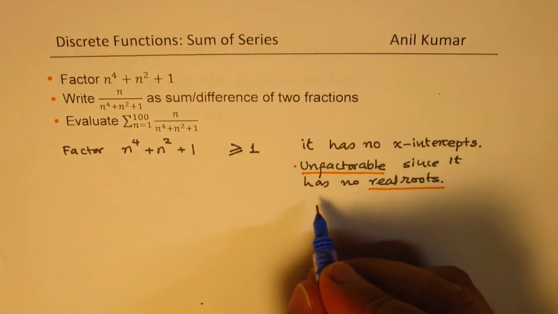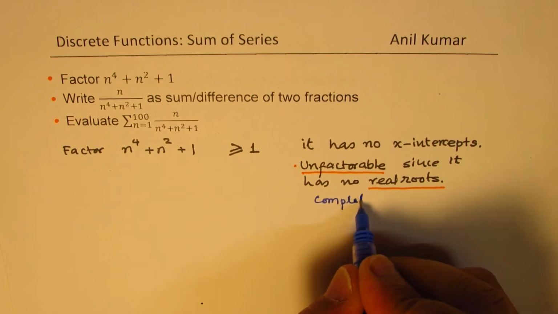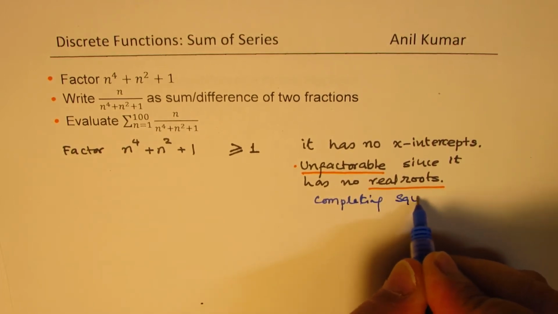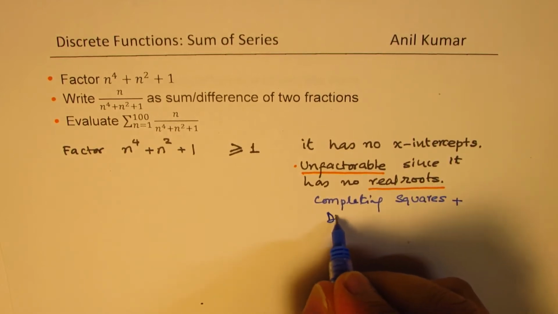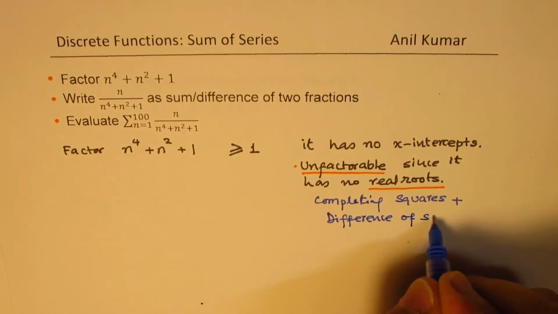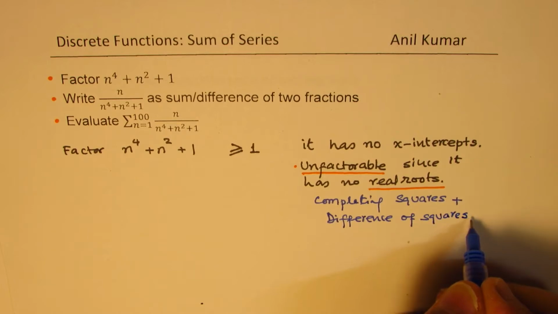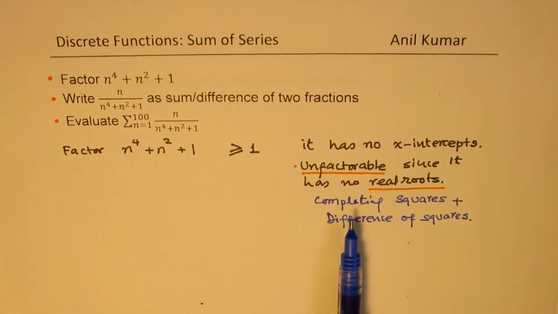The technique is the completing the squares method with difference of squares. Whenever you get into such a situation where you need to factor trinomials, you can always use this technique of completing the squares and then difference of squares.